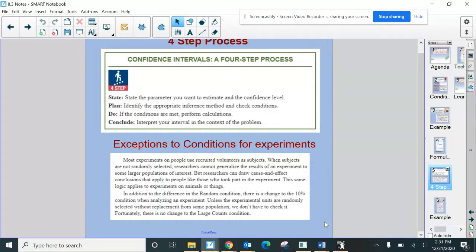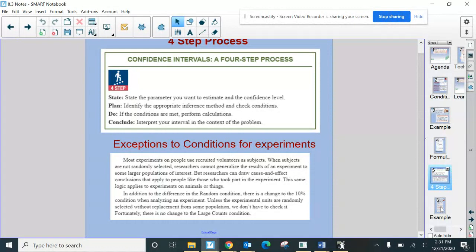And then in the random condition, we do not need to meet the 10% condition when we're analyzing an experiment. But we do need to check our large counts. So do make sure that your volunteers are randomly assigned to their treatments, just like they were for a good experiment back in chapter 4 when we started this year.